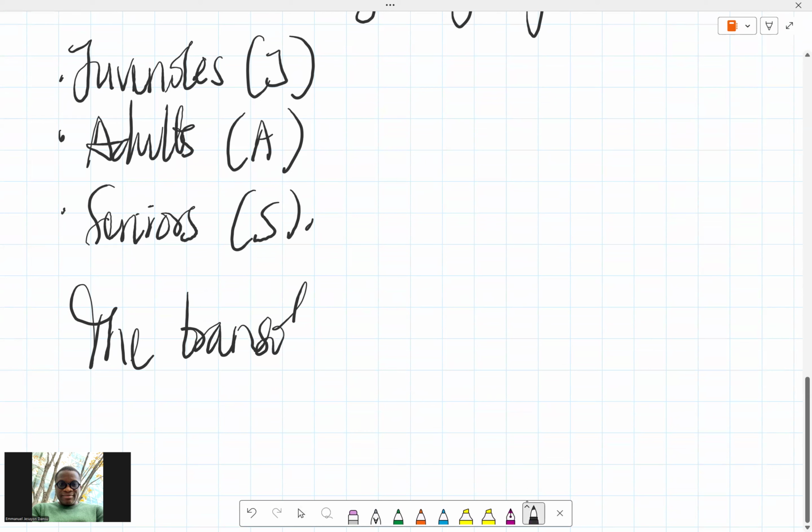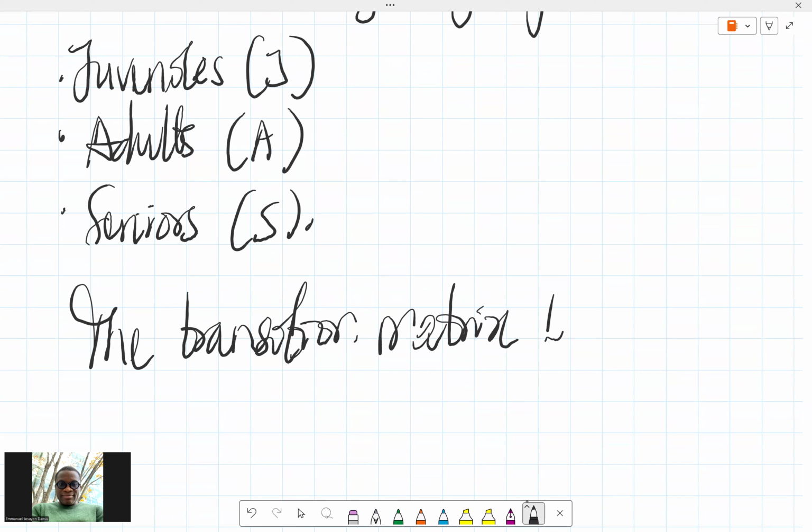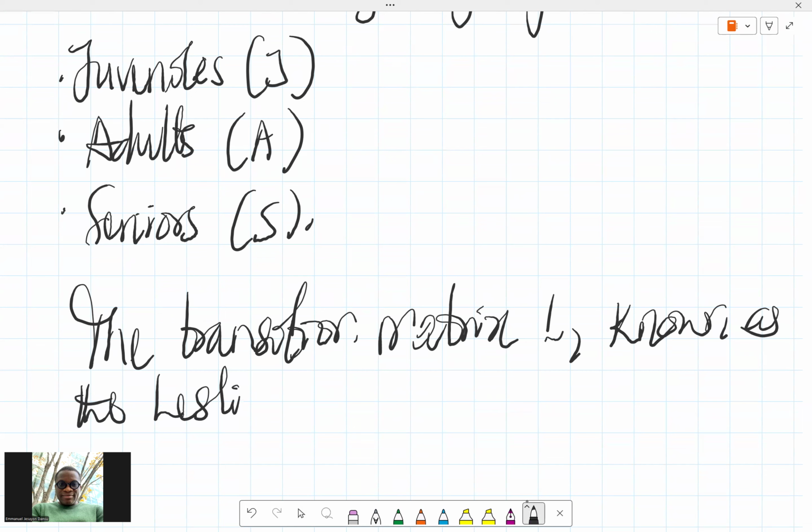Here we talk about a transition matrix again, like in the case of page ranking. So the Leslie matrix is the transition matrix.